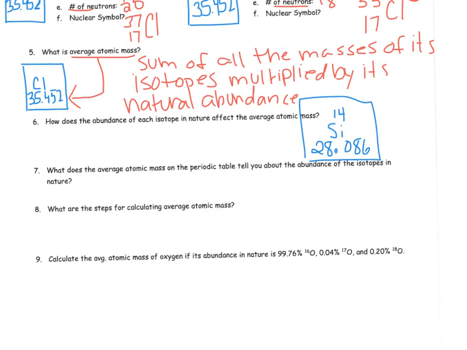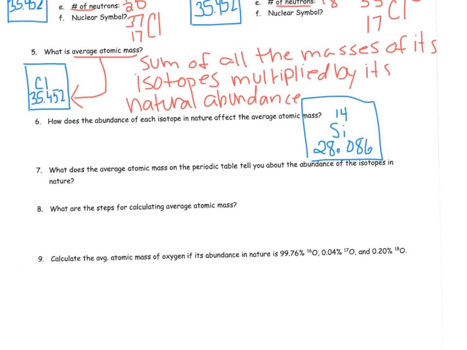So essentially, we've paid scientists to go around the planet and capture different elements and put them in a machine, and those machines tell us that so much of the carbon on the planet is 12, so much of the carbon on the planet weighs 14, and so we get an average atomic mass, which is the total of all those masses when you multiply them by their abundance. Okay? So how does the abundance of each isotope affect its average atomic mass?